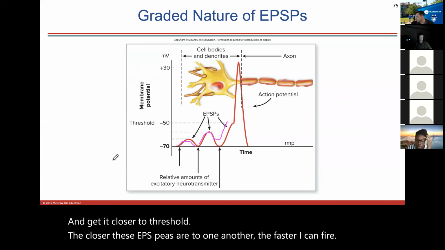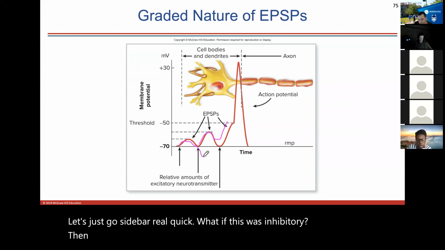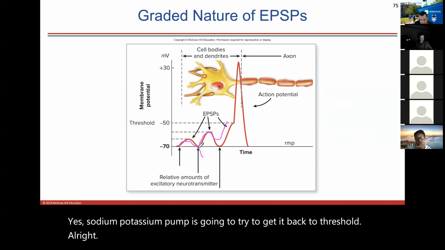Now, let's just go sidebar real quick. What if this was an inhibitory? Then obviously it's going to hyperpolarize it. Yes, the sodium potassium pump is going to try to get it back to threshold.